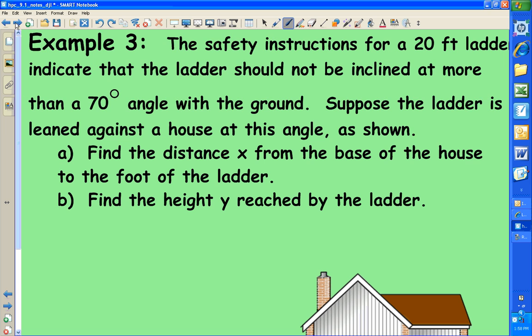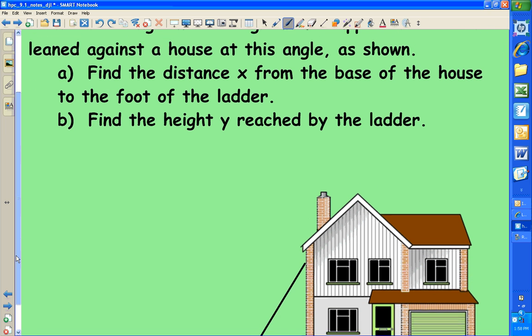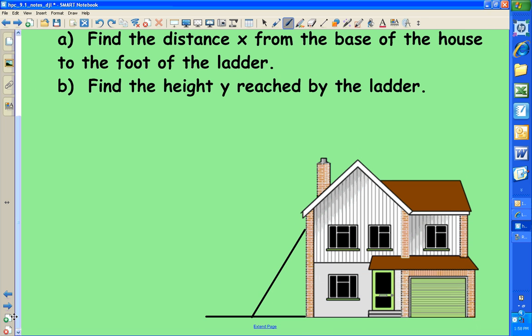All right? So you look at this and you say, well, here's the ladder right here. This angle has to be 70 degrees or less. Because if you try, I got to get up to here. You know what I could do? Just this one time, we'll slide the ladder in and use an 80-degree angle, and I'll be able to reach that.